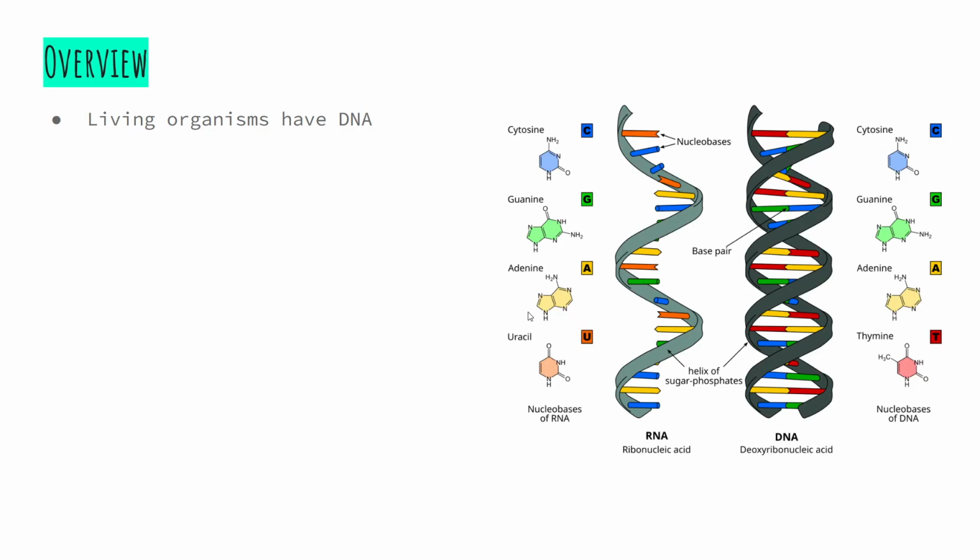Jumping straight into it, bit of background again. You'll get sick of hearing it, but each time we go over these videos, we're adding a bit more depth to our knowledge. Living organisms have DNA. We have a firm understanding of this by now. And this DNA is not directly involved in running cell operations.